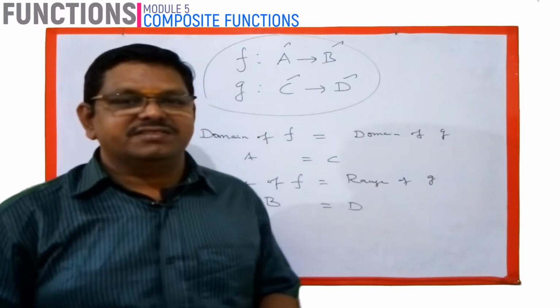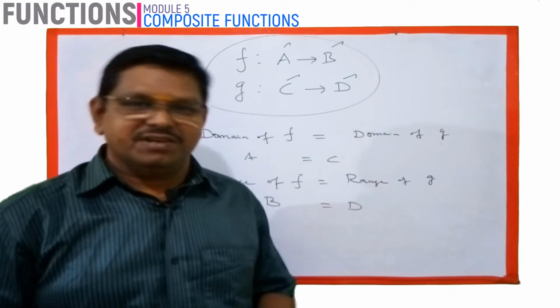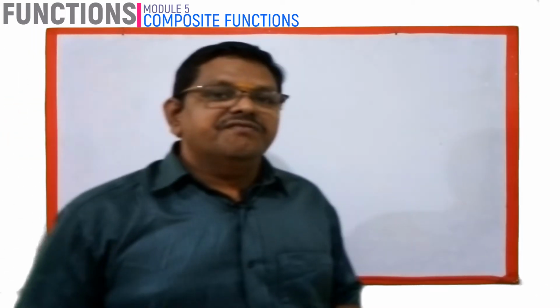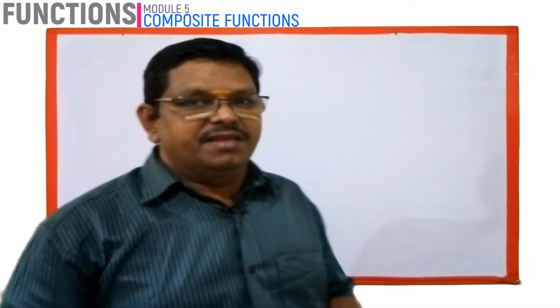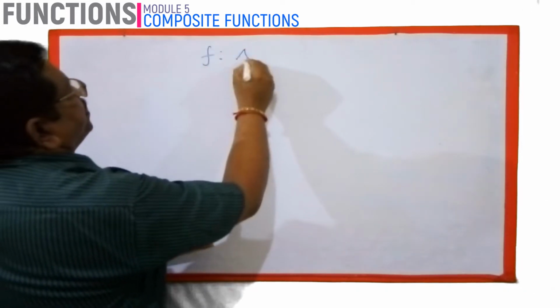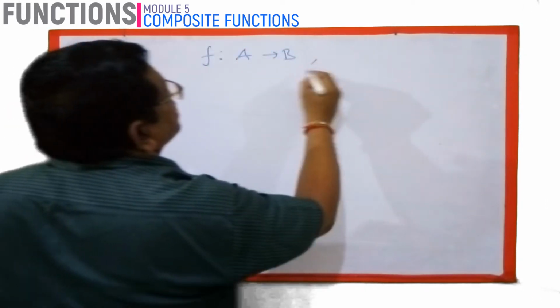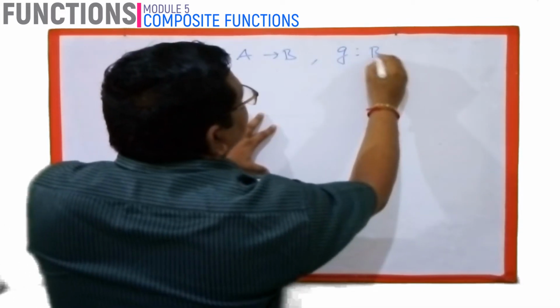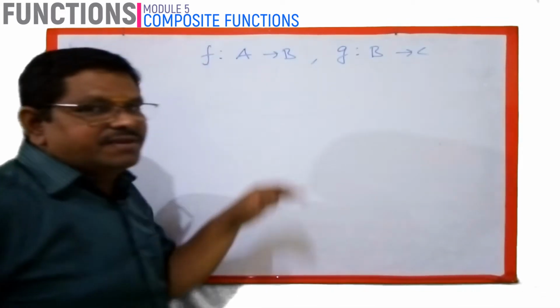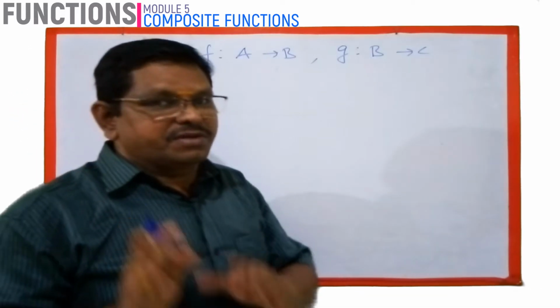Now we will discuss composite functions. Here we take two different functions, function f and function g. Suppose function f is from A to B, function g should be from B to C. It's a very important point to be noted.